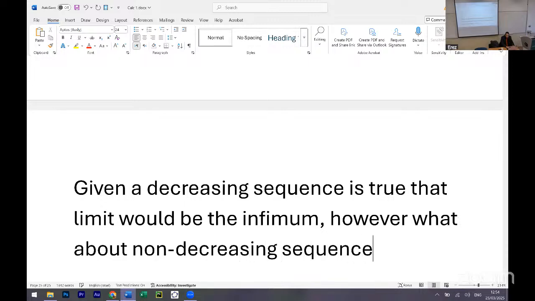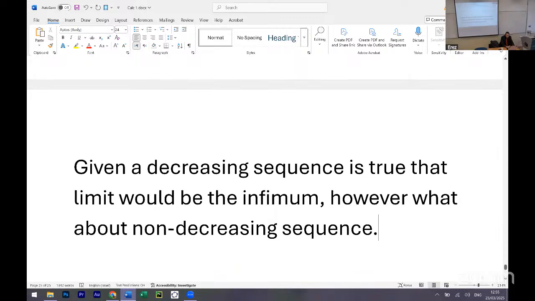So you are correct in saying that when the sequence is decreasing, it would make sense to define the limit as the infimum, and when the set is increasing, I will define the limit as the supremum. And it will go nicely with the ideas we learned so far. That's why we learned that.